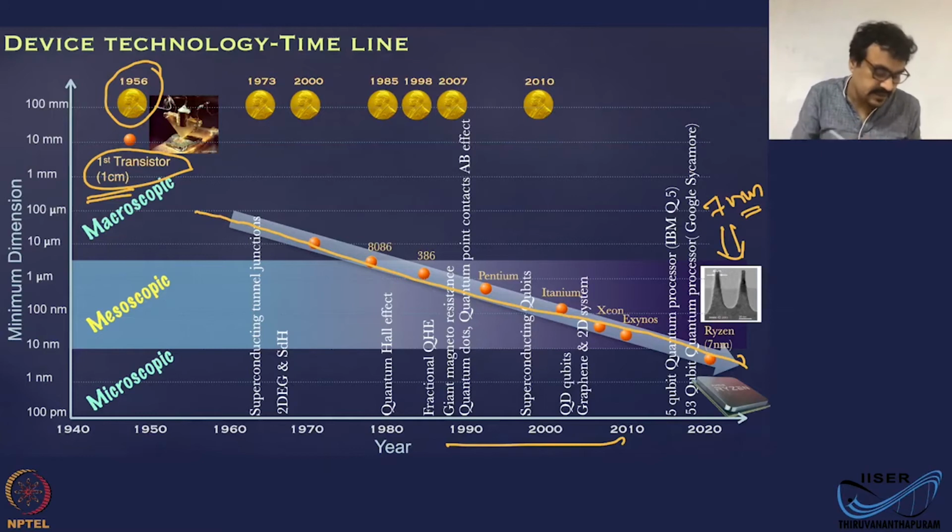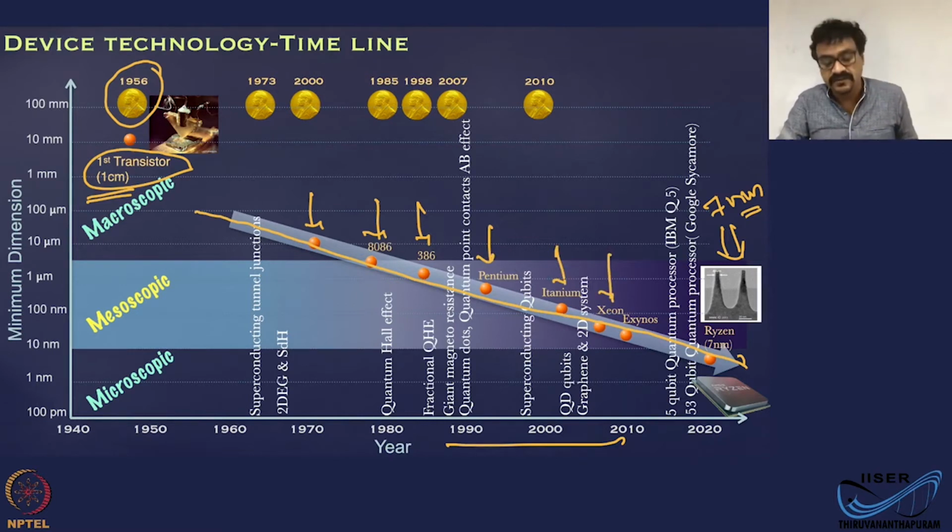So this chart shows a plot of the sequence of this revolution, how this has happened. And I have marked major milestones here. Those refer to major technology breaks, inventions or upgrades over the years. And currently we are at 7 nanometer size.